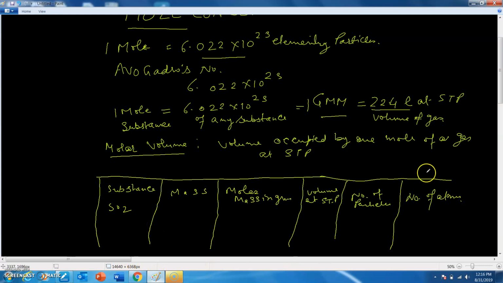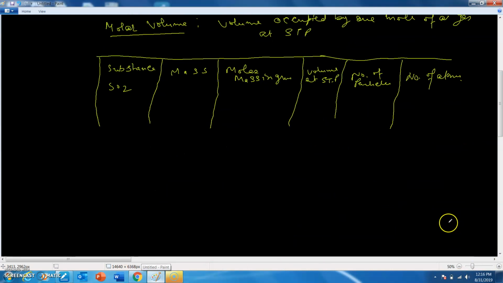First comes sulfur dioxide. Number of moles is 1.